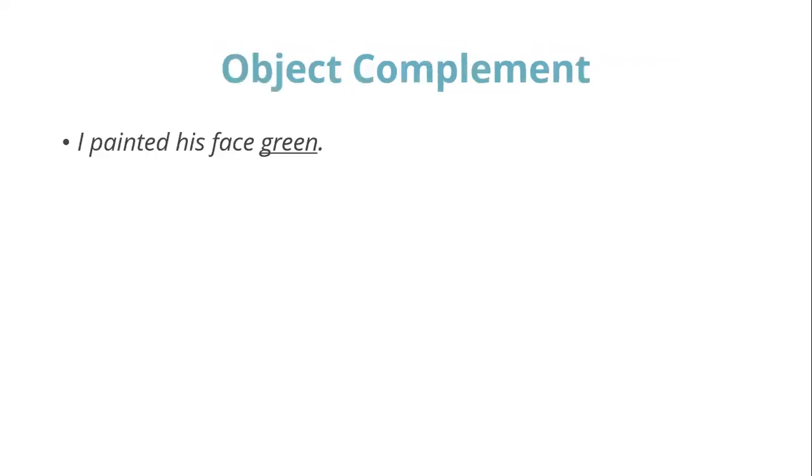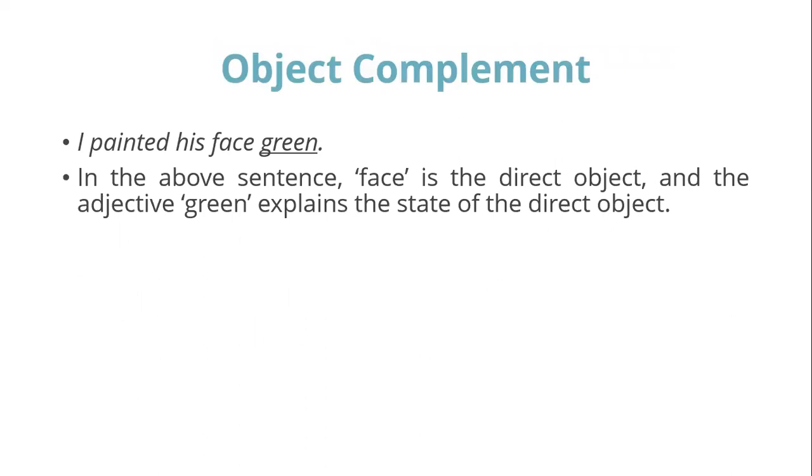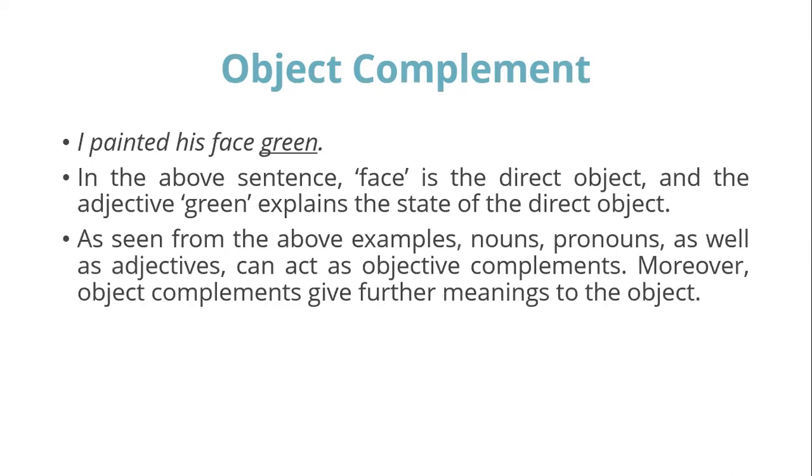I painted his face green. In the above sentence, face is the direct object and the adjective green explains the state of the direct object. So here, I painted his face. Green is basically the complement for his face. So his face is what? His face is the object. That's why it is called an object complement.